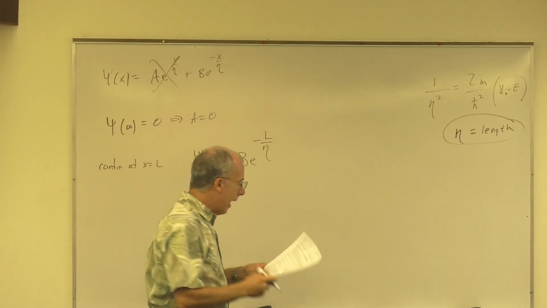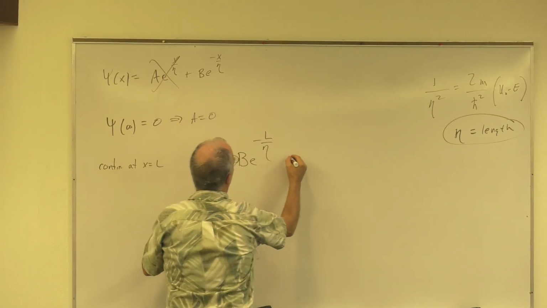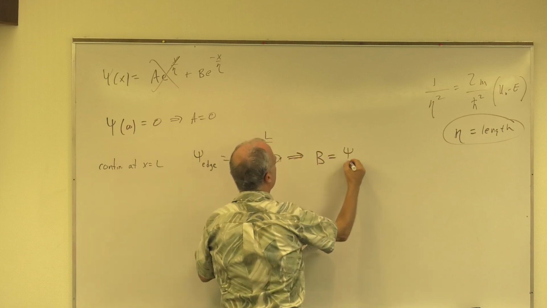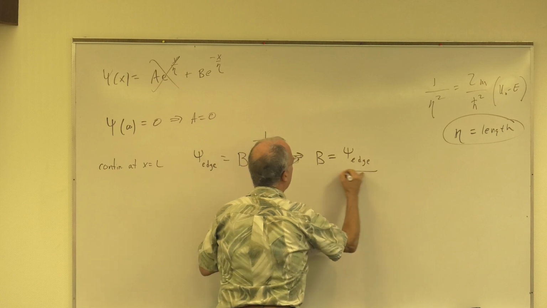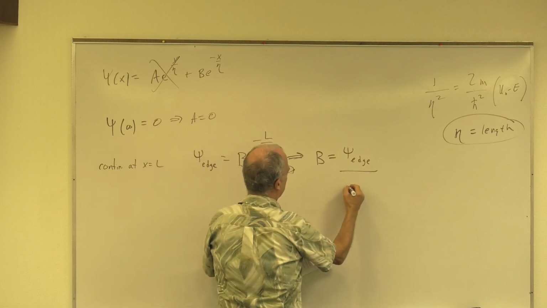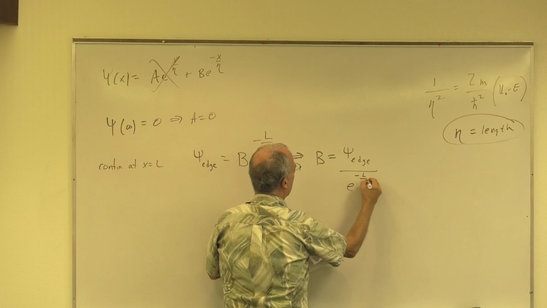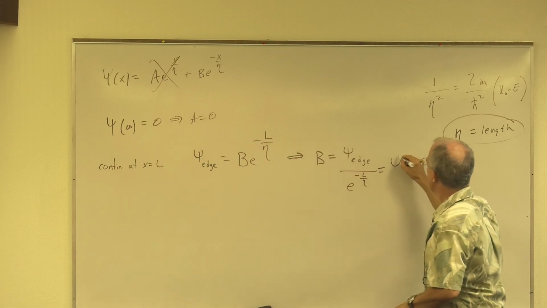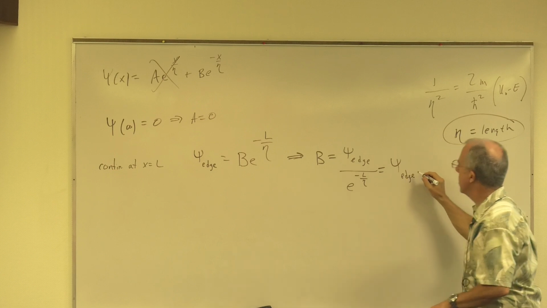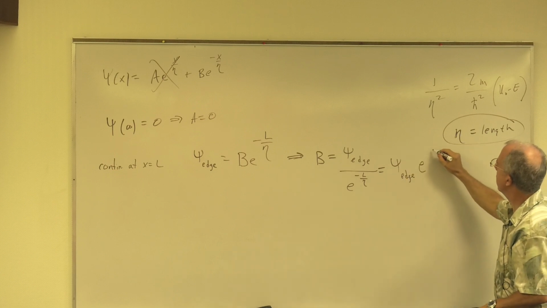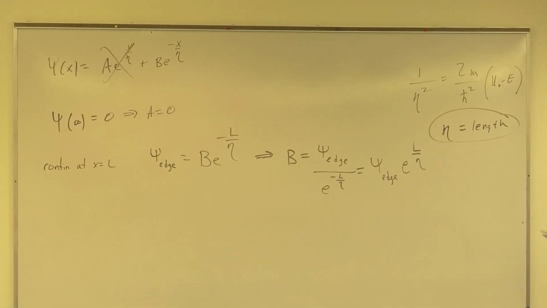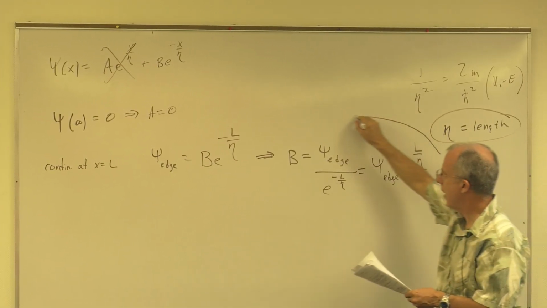If that's true, then what's b? Therefore, b is equal to psi edge divided by e to the minus L over eta, and that's the same thing as psi edge e to the positive L over eta. So we've just figured out our b.